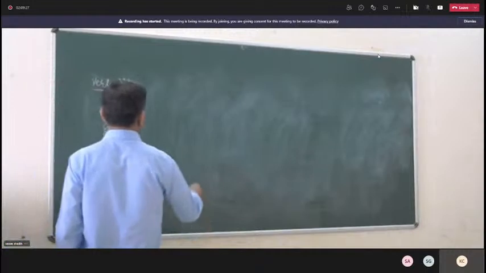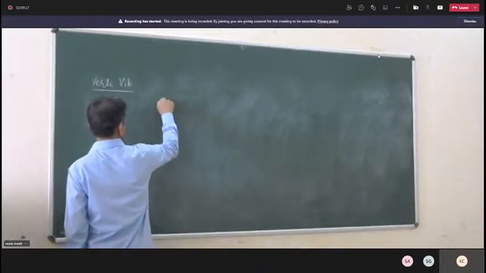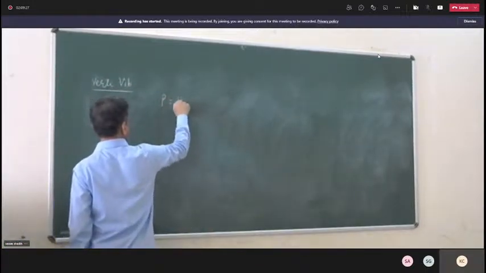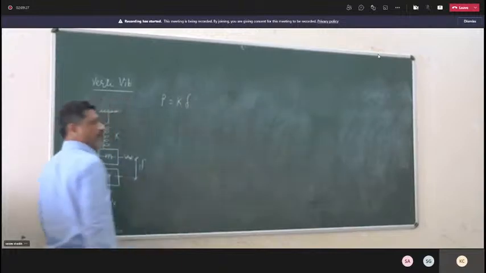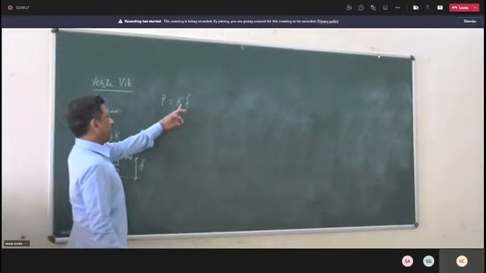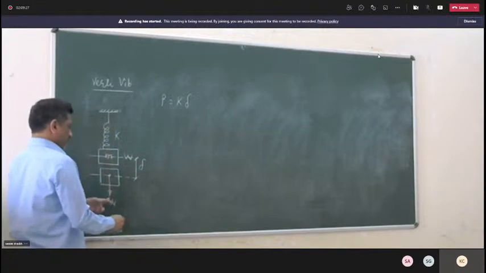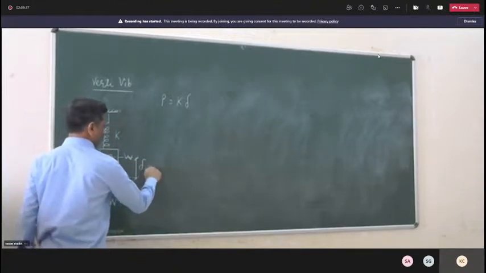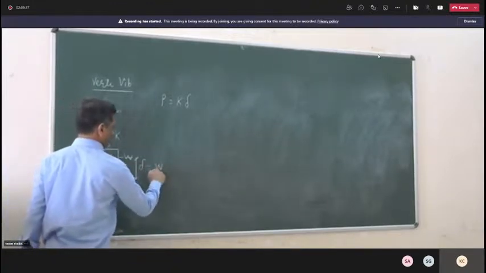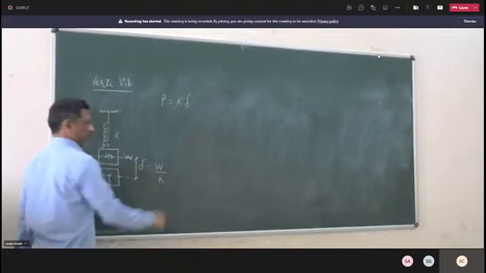Using the simple stiffness equation, P is equal to K delta, delta will be P upon K, and that P is nothing but W. So delta is equal to W upon K. Agree?